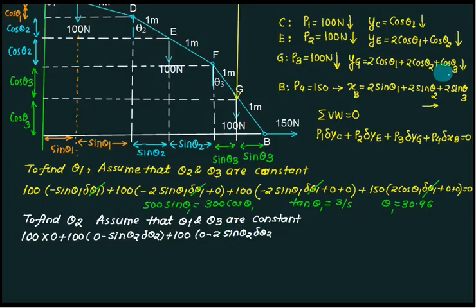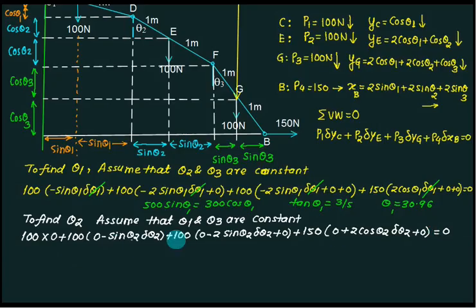My third term is cos theta 3, but my theta 3 is constant, so it is 0. Plus 150 into sin theta 1, whose derivative is 0. The second derivative is 2 cos theta 2 del theta 2. The derivative of sin theta 3 is entirely 0.